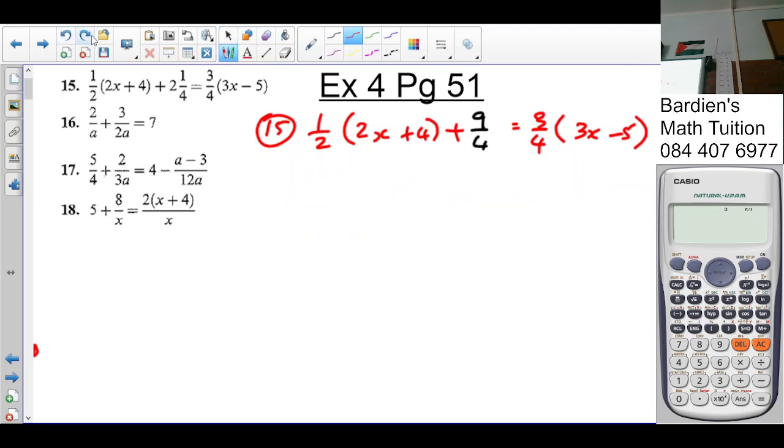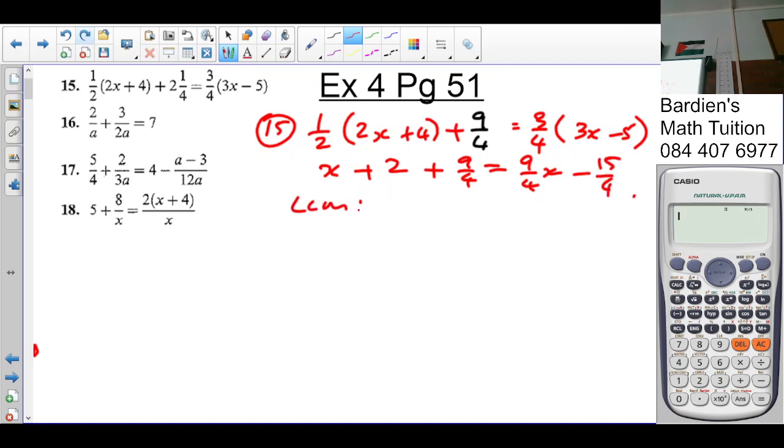I got x plus 2 plus 9 over 4, equals 9 over 4x minus 15 over 4. Nice, correct, the same thing. What's your LCM? 4.